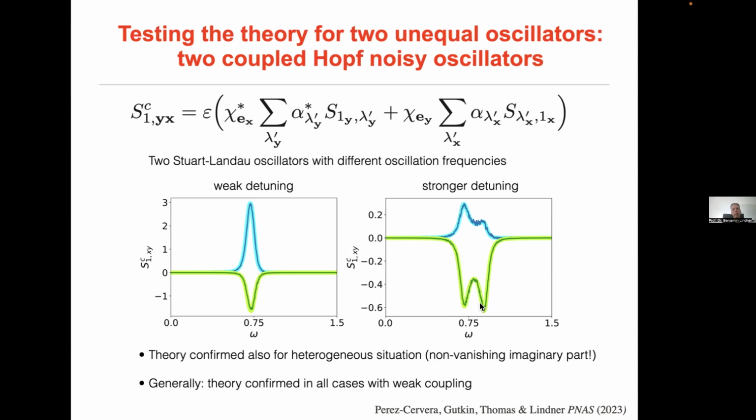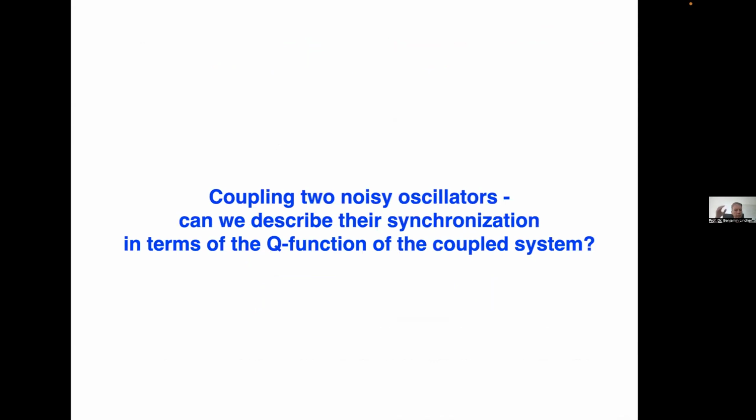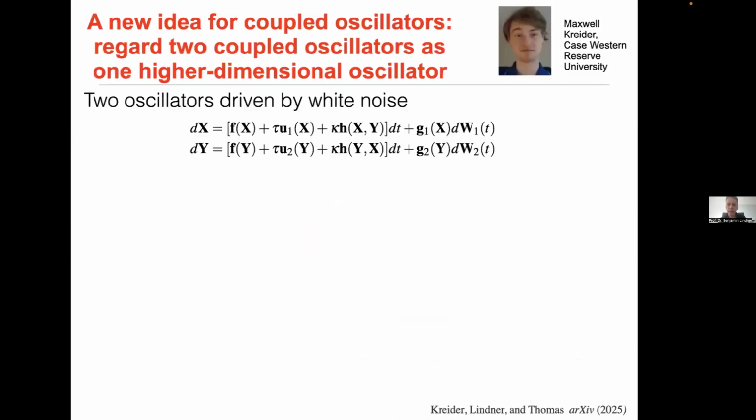And it turns out that the Q function framework allows for a new definition of synchronization, and that's called Q synchronization. That's a very brand new contribution that is largely due to this young man here, Maxwell Crider, who just defended his PhD thesis in the group of Peter Thomas.